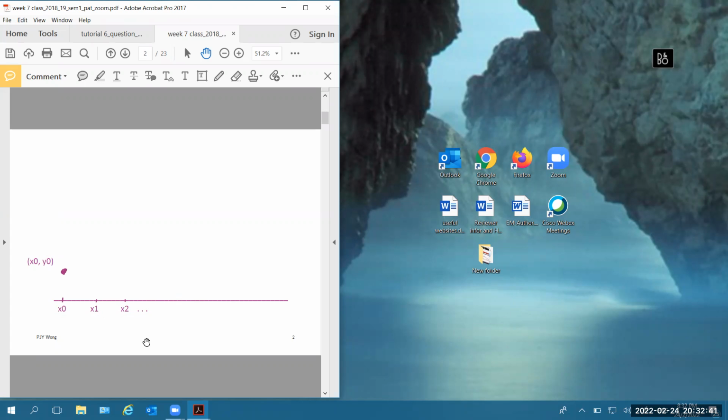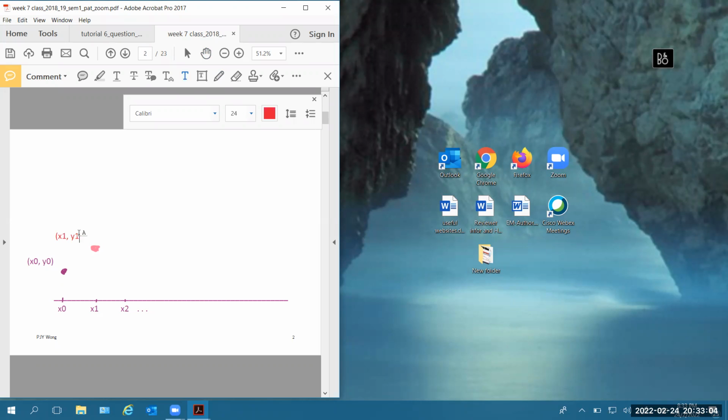Now for numerical methods, what we do is that at the point x1, you see the x1 here, right? You just want to find the y value. So maybe you go and get the y value here, and this point will be what? The coordinate here will be (x1, y1).